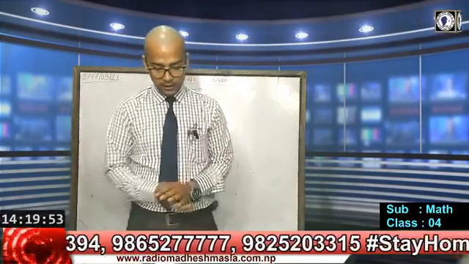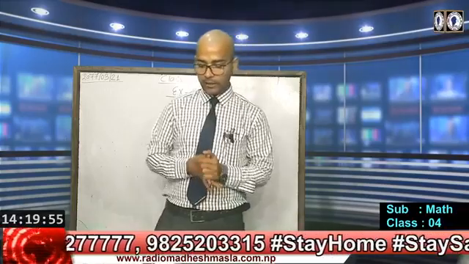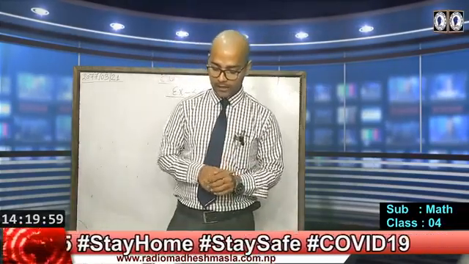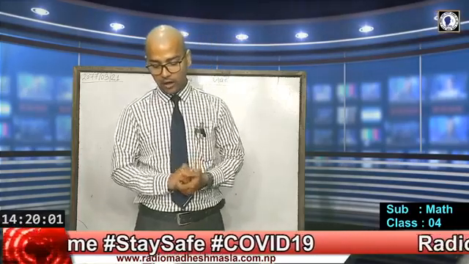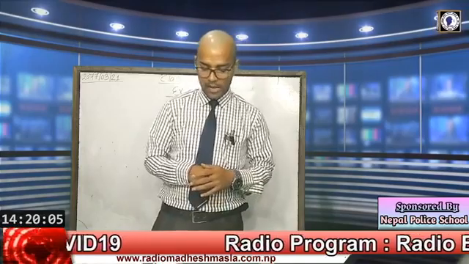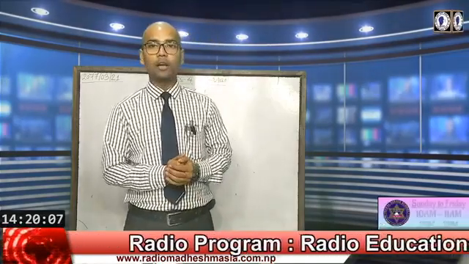The question says, let's multiply the numerator and denominator. Listen very carefully. Let's multiply the numerator and denominator of each fraction by 2, 3 and 4 respectively and find their equivalent fractions.